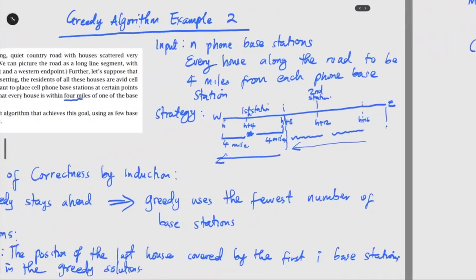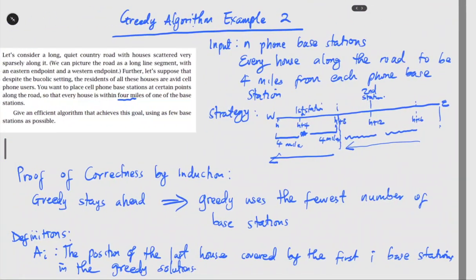Let's look at this illustration again. With our greedy, with only 2 base stations, we've covered from H to H plus 16. We could have used another algorithm. Let's say the algorithm is that we plant a station after every 4 miles.